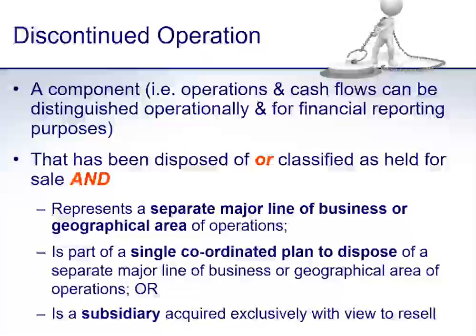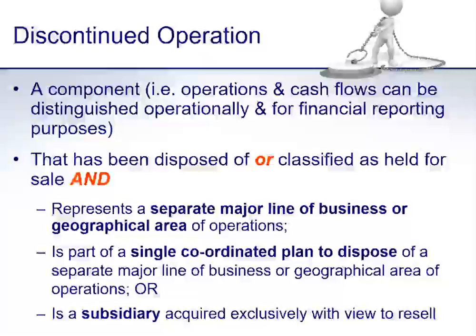So we're saying it's a component that has been disposed of or classified as held for sale, and at the same time represents a separate major line of business or geographical area of operations for your organization. Now these are all ORs, or is part of a single coordinated plan to dispose of a separate major line of business or geographical area of operations within my organization, or it makes up a subsidiary that I've acquired with the intention of reselling it.